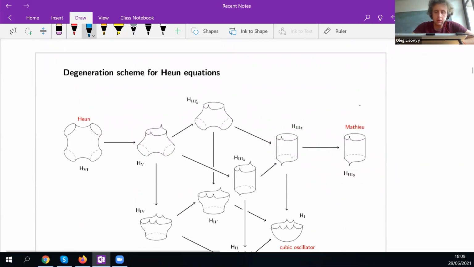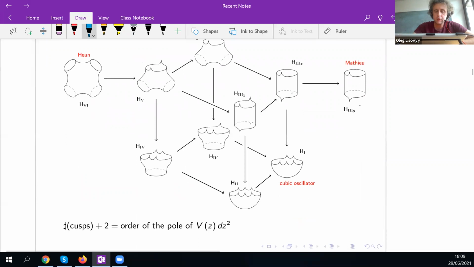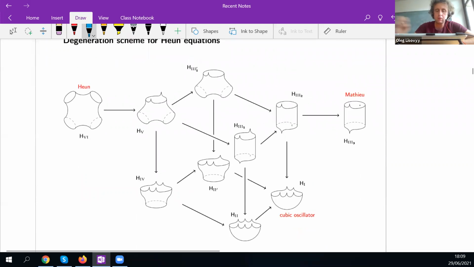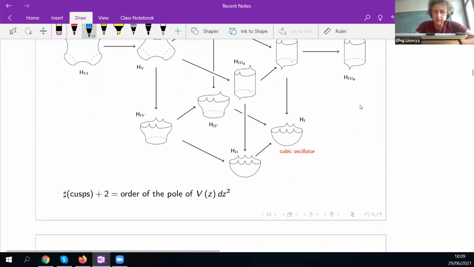I told you about Mathieu, but actually we have a whole degeneration scheme of these second order ODEs. Mathieu is located in this corner of the diagram. I'm not going to explain the precise meaning of this picture.